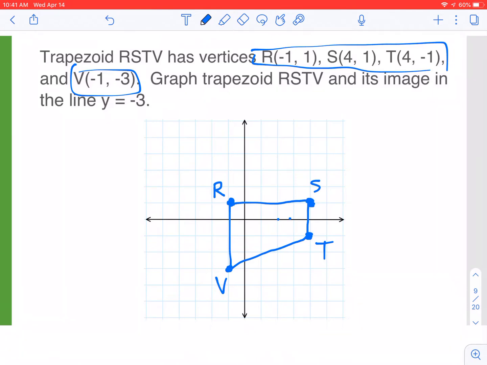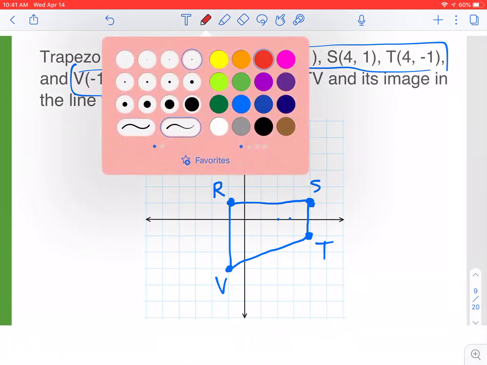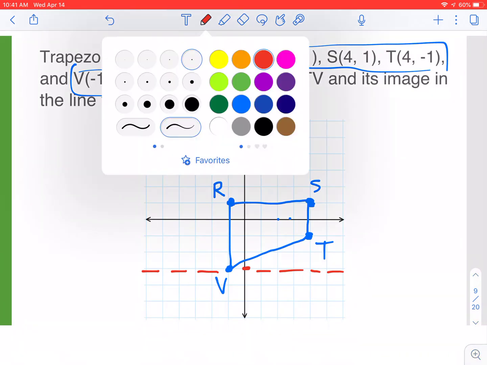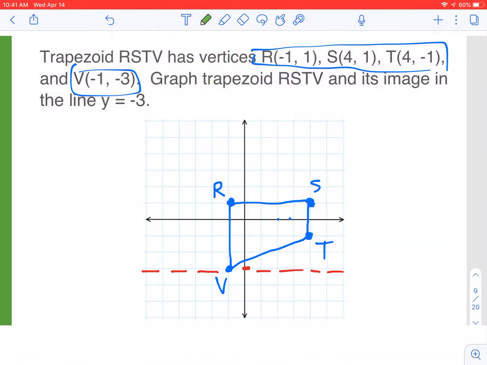And we're going to reflect it over the line y equals -3. So y equals -3 is right here, where I'm drawing my dotted red line. Then I'm going to pick another color, and we're going to reflect it. Here's what you do.